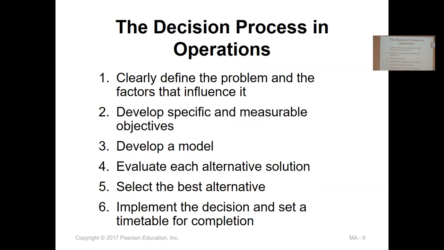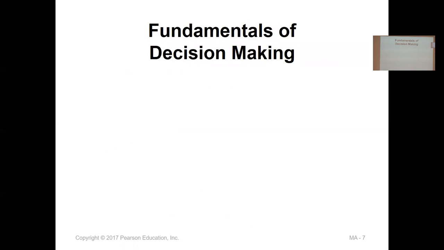What's the issue that we're having? What are we trying to come up with that will help us solve that issue so that we can make a proper decision? We develop a model, we evaluate the alternatives, and we select the best alternative. That's exactly the same decision-making structure as what we had in Chapter 3. We talked about that last time.